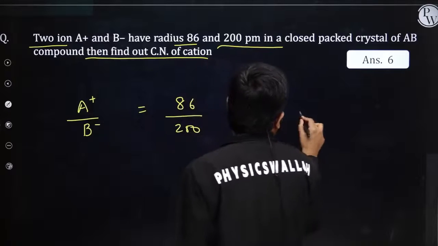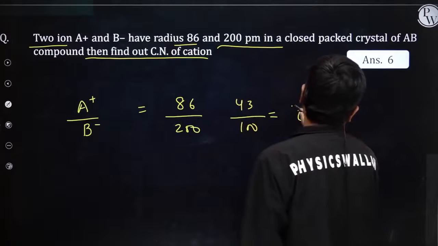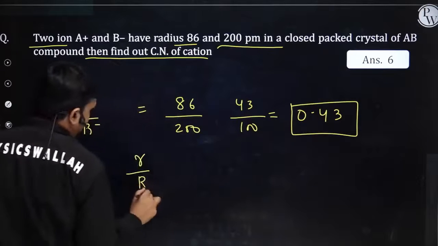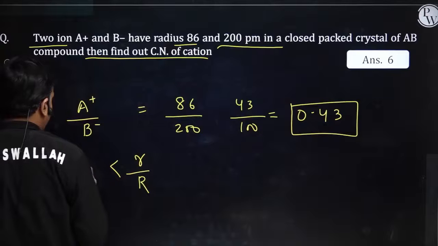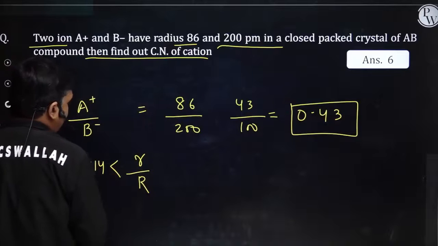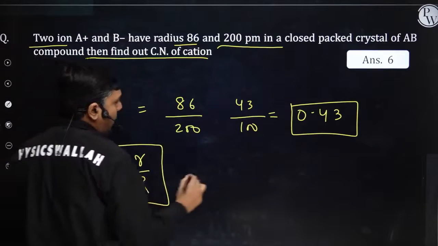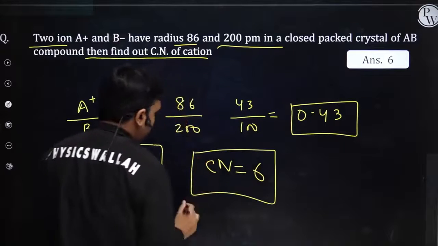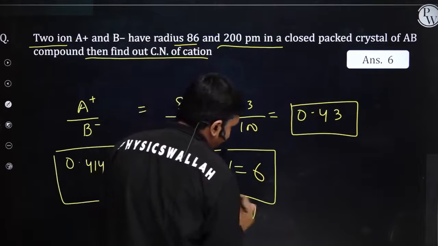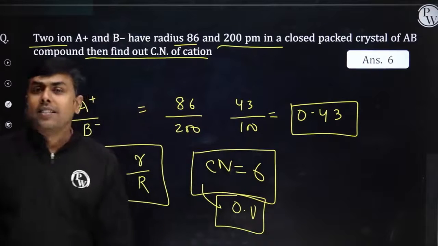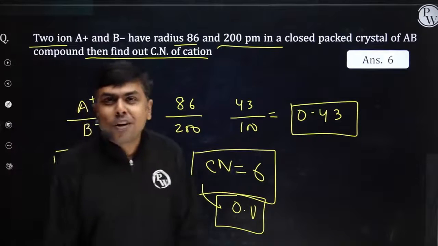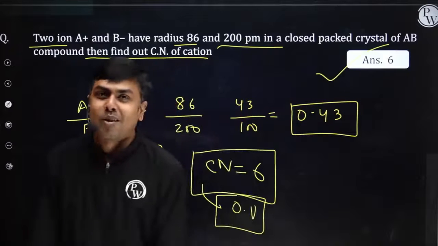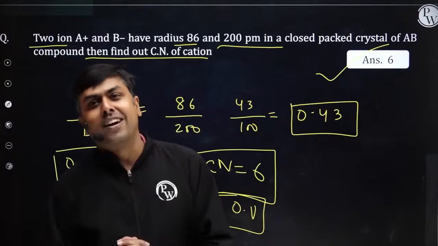So it's 0.43, right, students? If R+ upon R- is greater than 0.414, in that case, the coordination number is 6. We have studied it. Octahedral void. Cation is placed here in this octahedral void. So what will be the coordination number? 6. I hope this particular question is also crystal clear to you all.